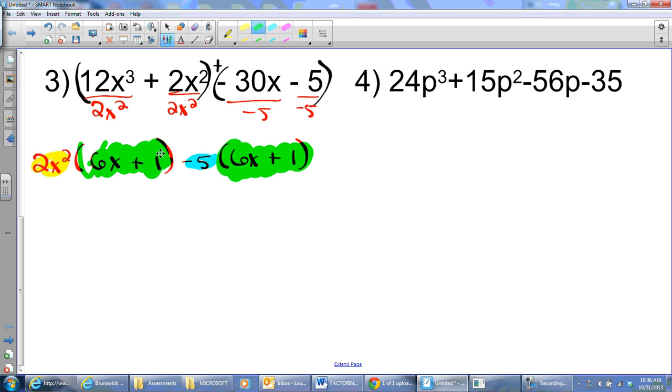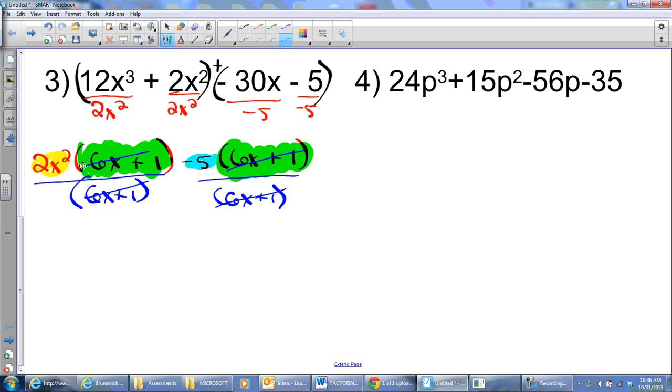Yeah, so I have the common factor. So I'm going to divide by that common factor to essentially pull it out. So 6x plus 1. If you wanted a quantity, that's fine. And I'll divide by a 6x plus 1. Okay, canceling here, canceling here.